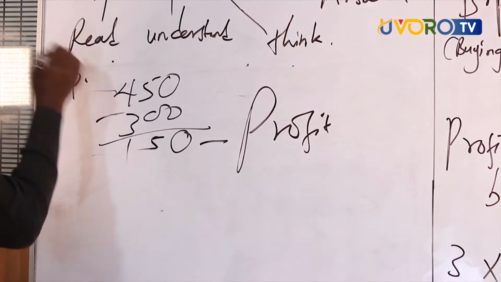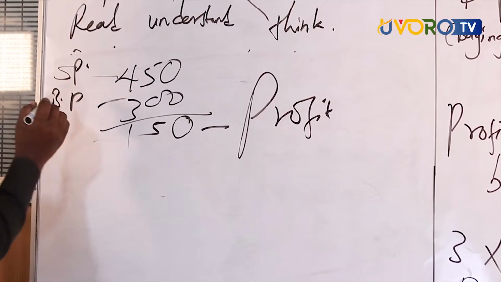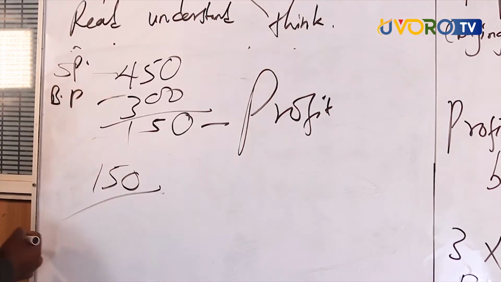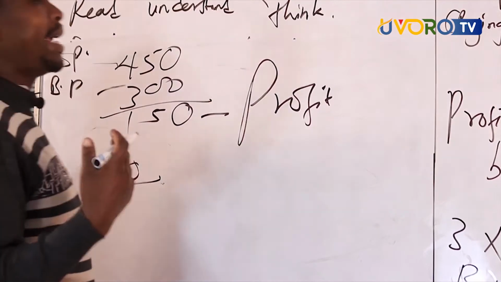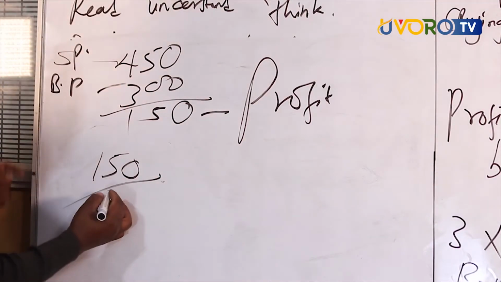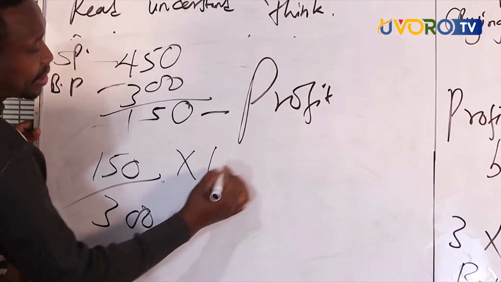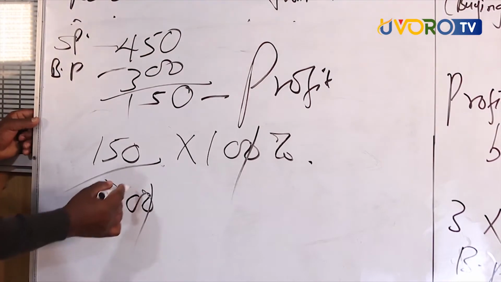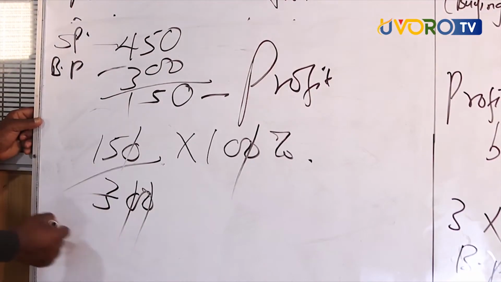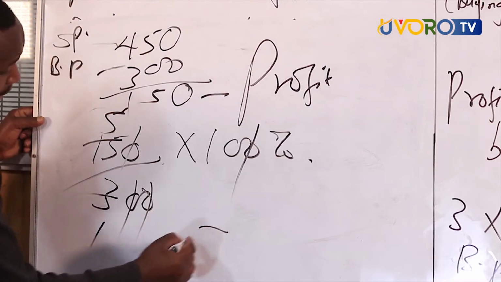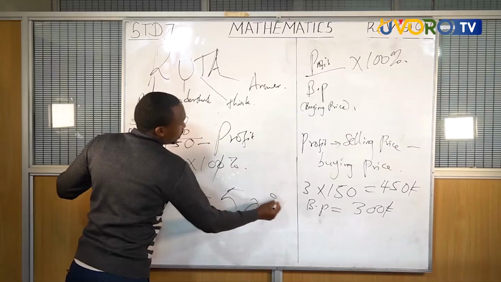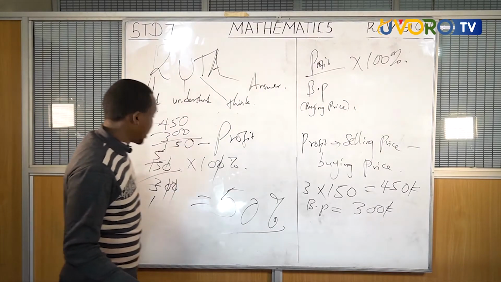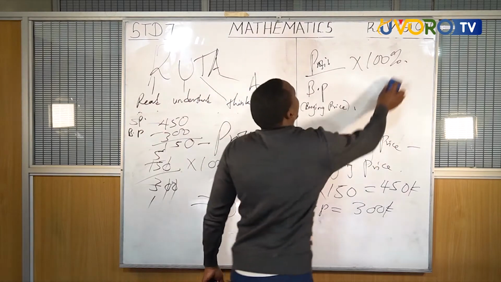Selling price minus the buying price. So, it is 150 over the original buying price, 300, times 100 percent. 0 by 0 goes, 15 by 3 is 5. 5 times 10 is 50%. 50%.